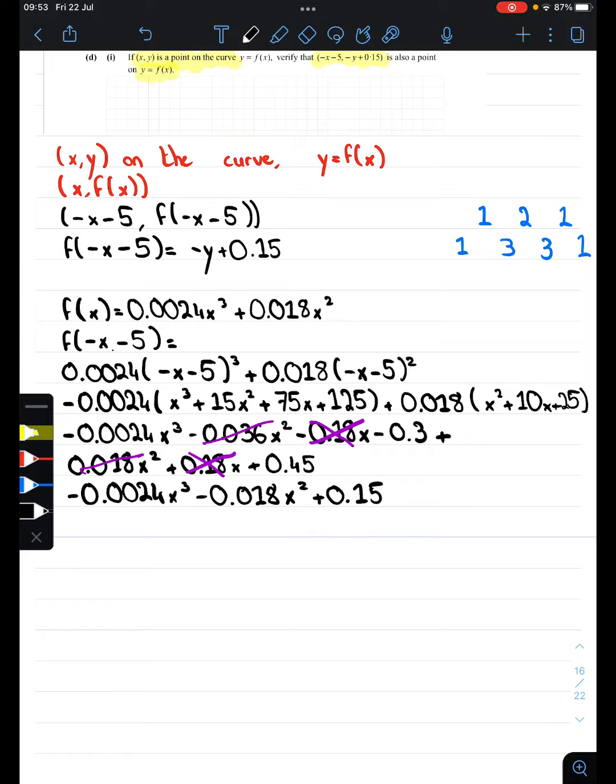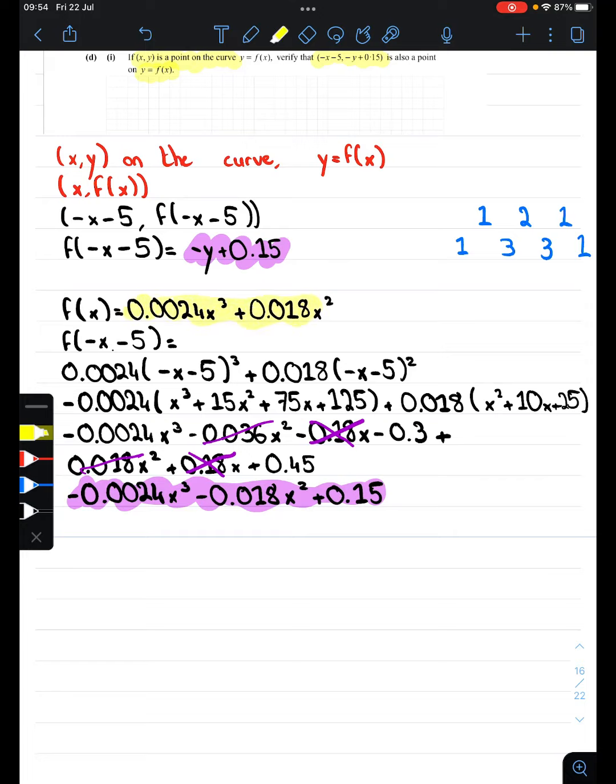All right, so we have that f of minus x minus 5 is minus 0.0024x cubed minus 0.018x squared plus 0.15. And we want to show that this equals this. Well, it's actually really simple, because if we notice, these first two terms are just minus times this.